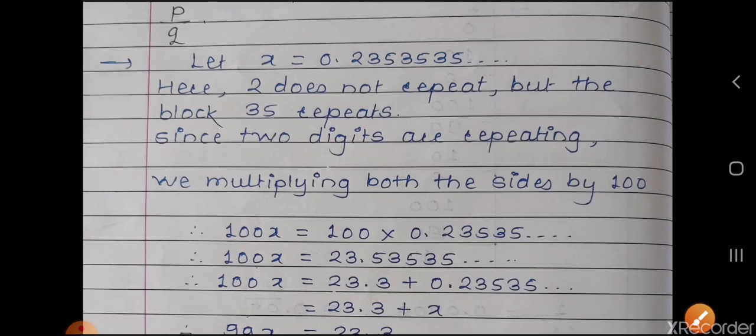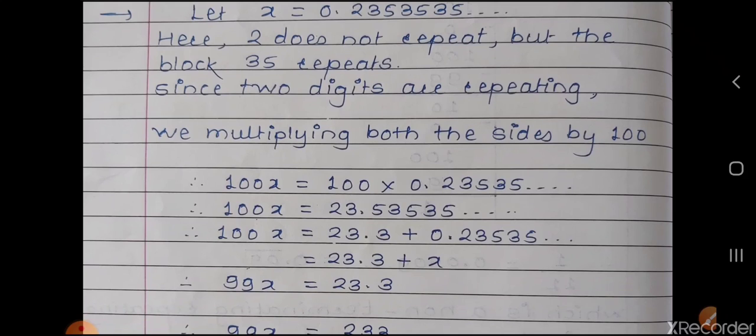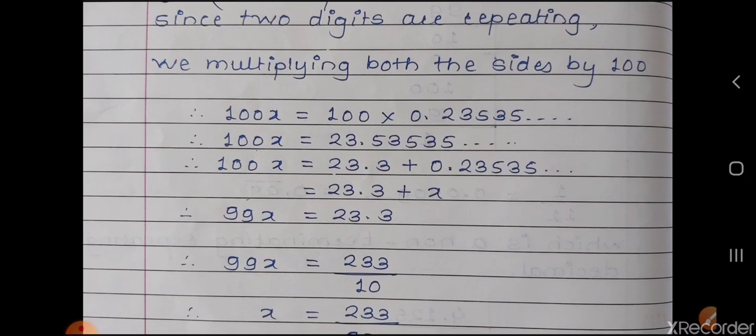So we write 100x as 23.3 plus x, because x is equal to 0.2353535. So we subtract x from both sides, we get 99x, which is equal to 23.3.